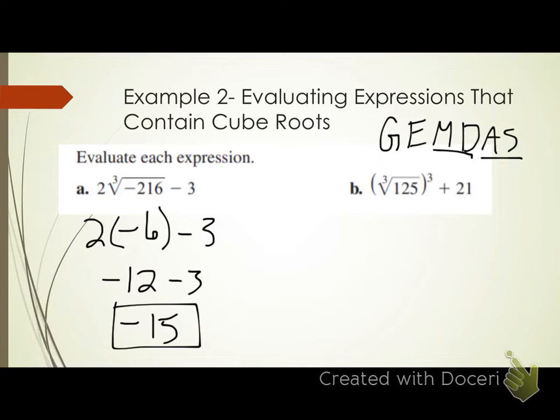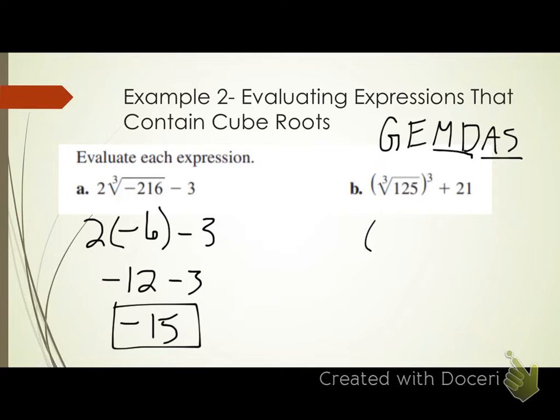Okay, letter B. I've got the cube root of 125 to the third power plus 21. So, order of operations here. Do I have any grouping symbols? Yes. Yeah, I do. Probably need to evaluate that cube root of 125 inside that set of parentheses. Okay? So what number times itself again would give me 125? 5.